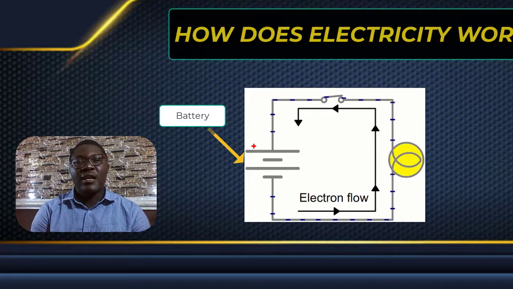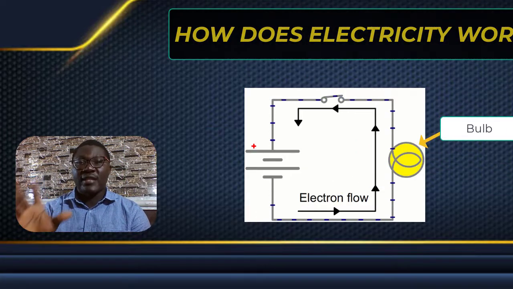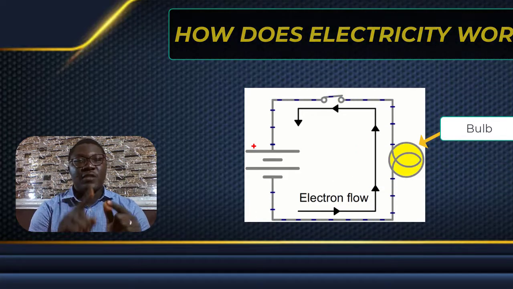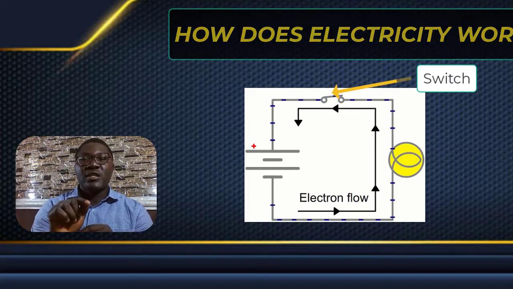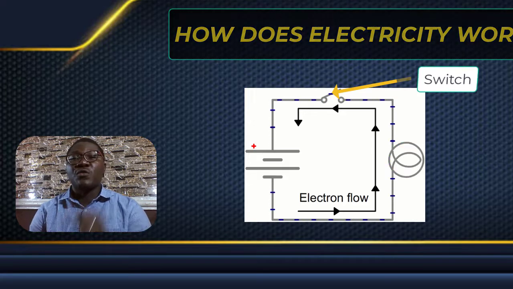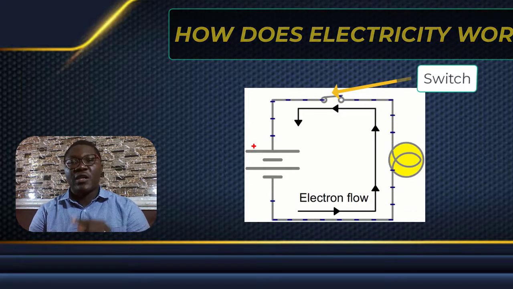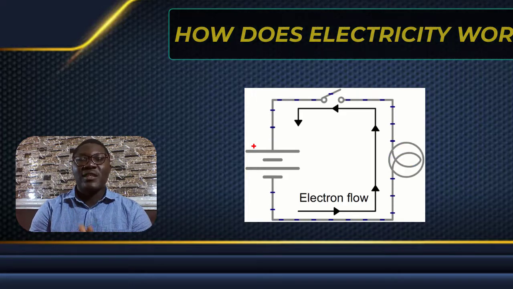And you can see from that diagram that the negative is flowing through the bulb. Yes, this one that is shining is my bulb. It's flowing through the bulb, then back to my switch. My switch is to cut that circuit or allow it to flow. So when I put my switch on, you can see it is flowing back to the battery. That is what electricity is all about.